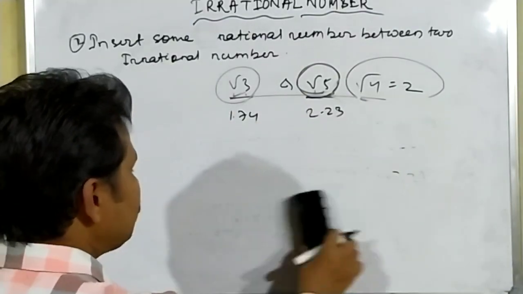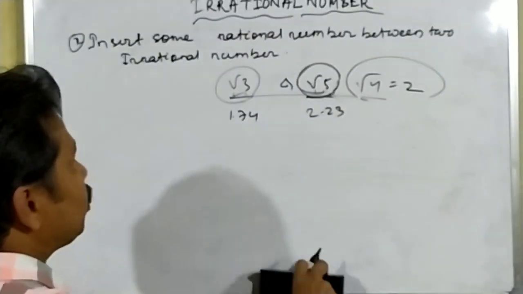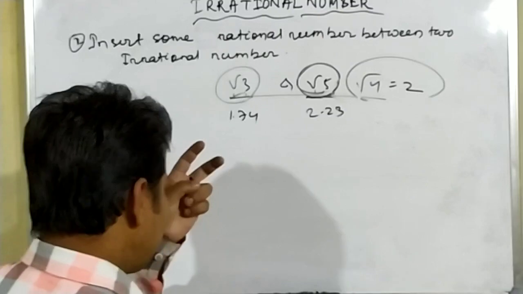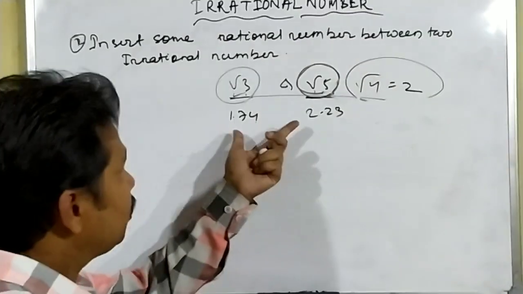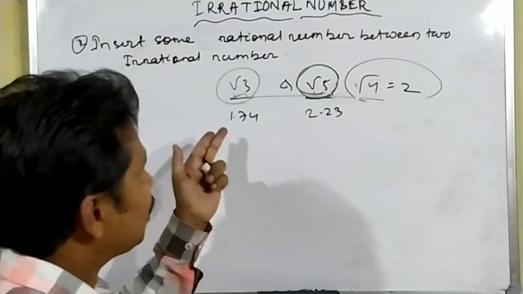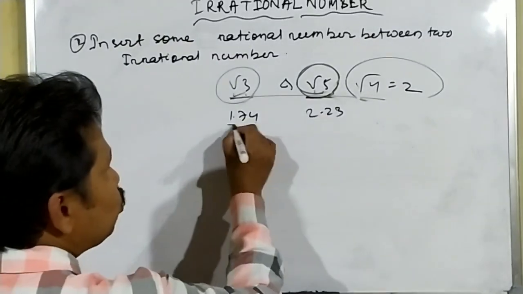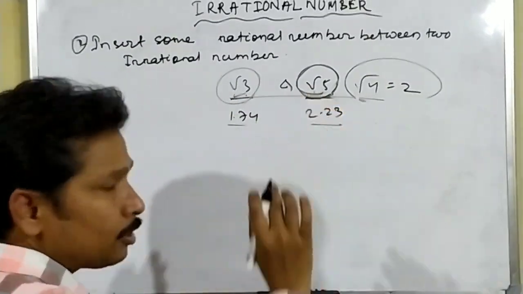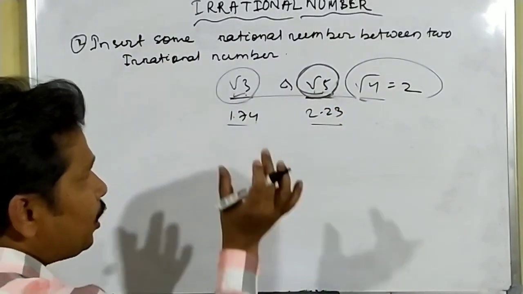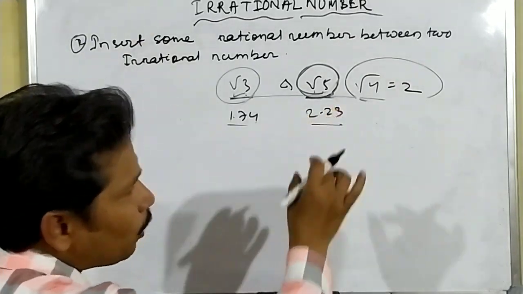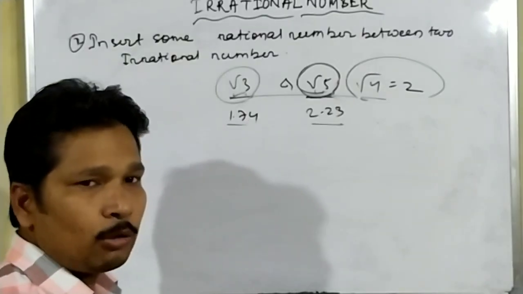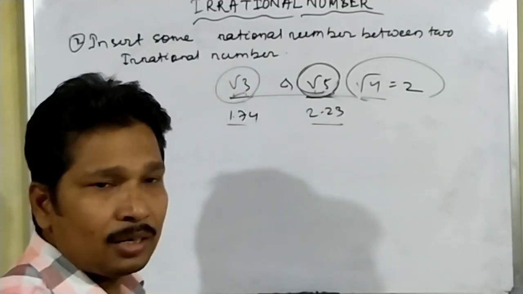Okay, so that means here we have found the square root of 3 and the square root of 5 in decimal form, which are terminating decimal numbers. These two numbers lie between root 3 and root 5. So between 1.74 and 2.23, we can find an infinite number of rational numbers.